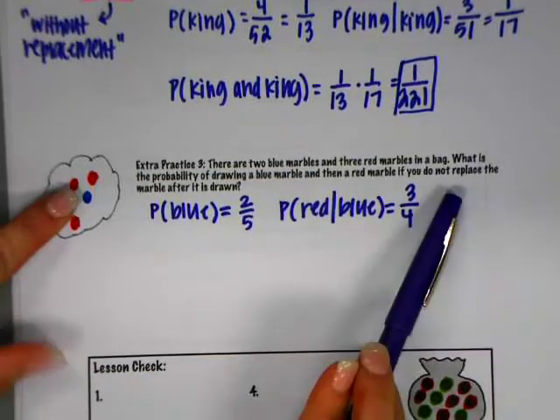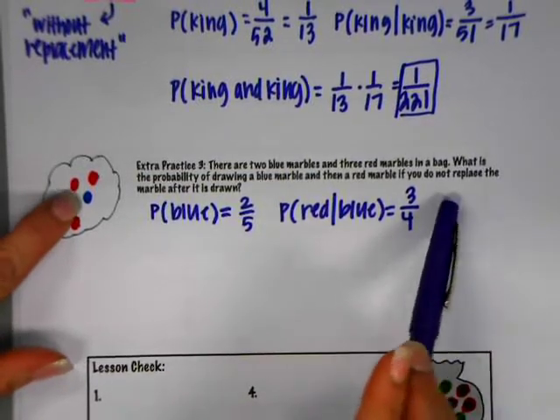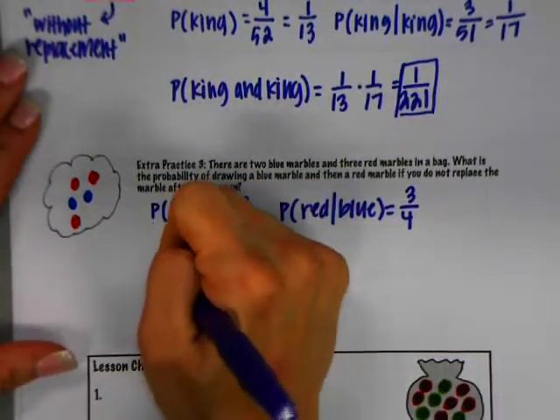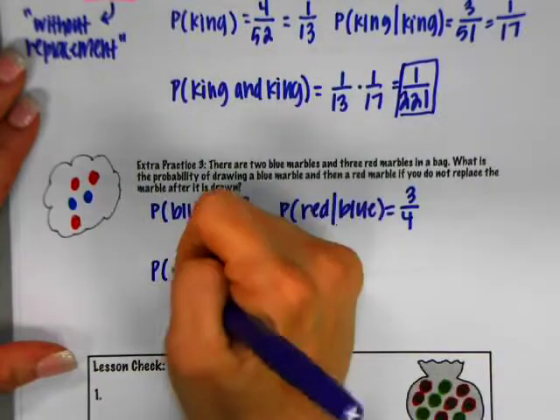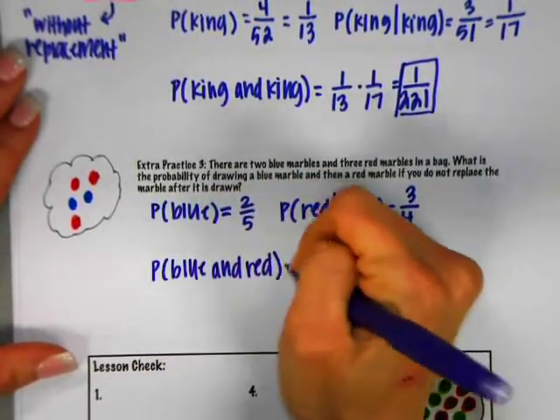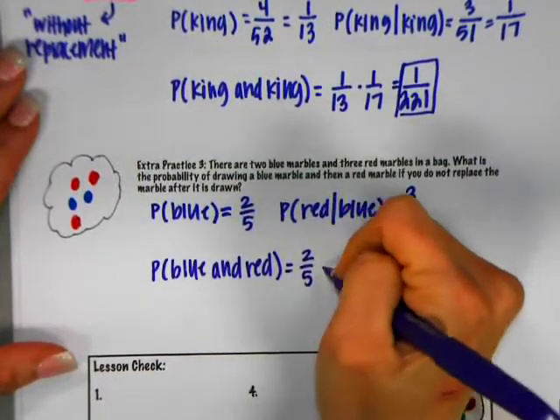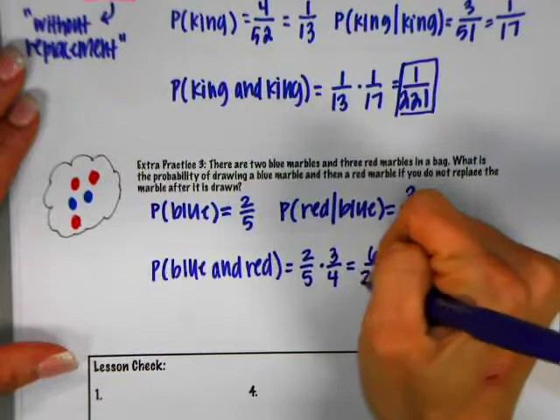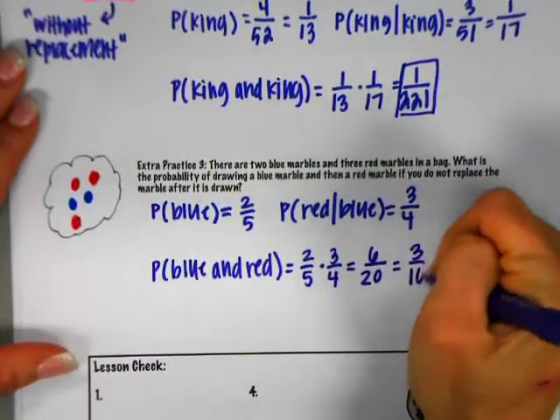Yeah, so the without replacement ones are like that: it's removed, and then the next time you go, it's gone. Okay, and then the probability of blue and red. So you do 2/5 times 3/4, which is 6/20, which reduces to 3/10.